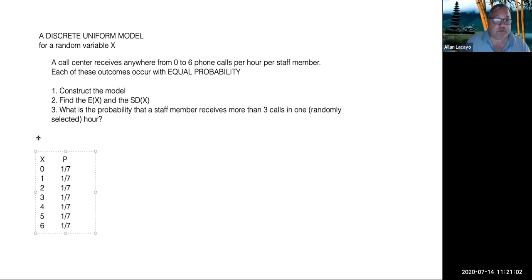So this is for part 3 here. You would have the probability that x is greater than 3. That's how you would write that. It would be the probability that x is 4 or 5 or 6. So it's in all 3 out of 7 possibilities. That's how you would answer part 3.